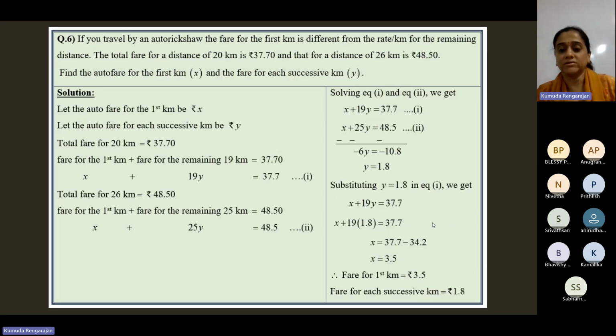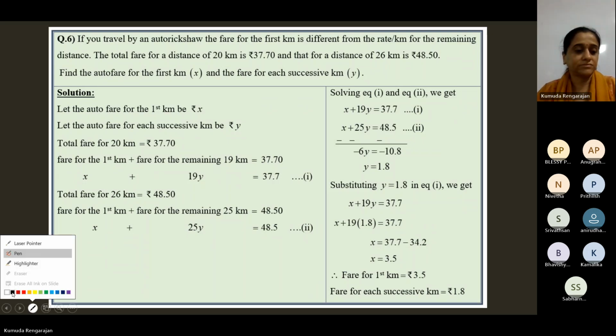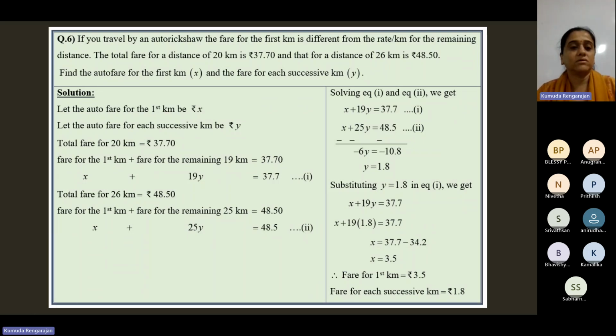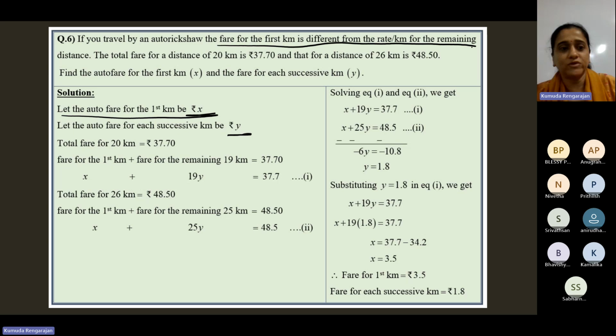Okay, so this is how it is. Now, let the fare for the first kilometer be X, and let the fare for each successive kilometer be y rupees. It's very clearly given that the fare for the first kilometer is different from the rate per kilometer for the remaining distance. So if you travel 20 kilometers, the total auto fare is 37 rupees 70 paise.